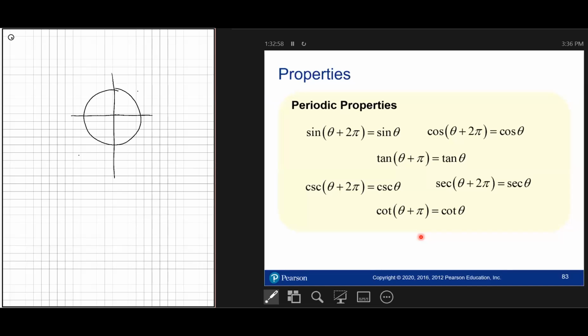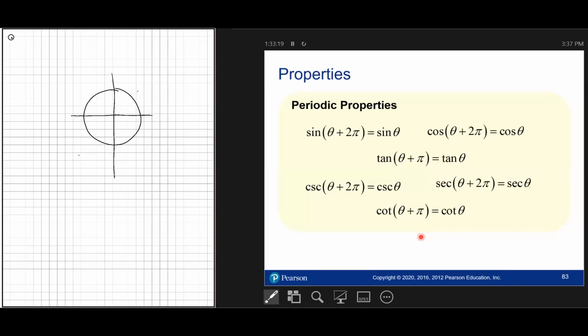So we have these periodic properties where the period for sine and cosine is 2 pi, and the period for cosecant and secant is 2 pi.